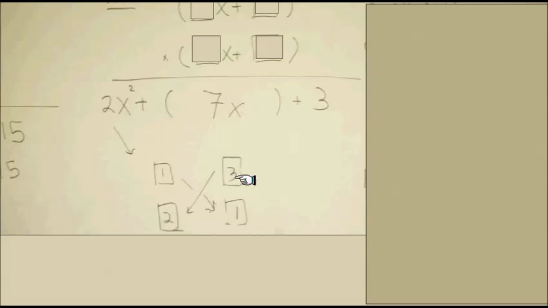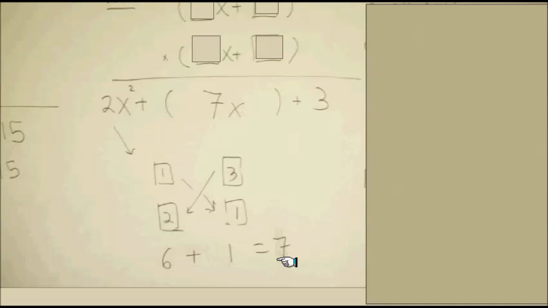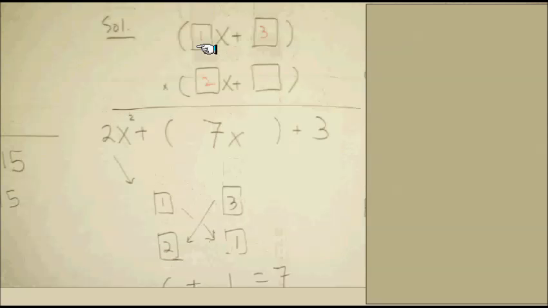If you swap this 1 and 3, we have 3 and 1 here. If you multiply these two, you get 6, and that one gets 1. So as written down here, you get 7, and that's the coefficient. So that should go 1, 3 here, and 2, 1. If you do the 3 and 2, that's 6 plus 1, that fits exactly.